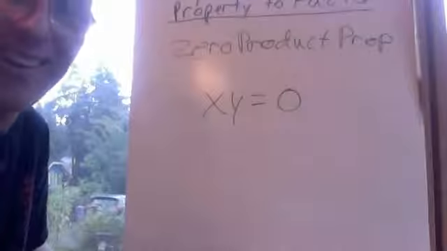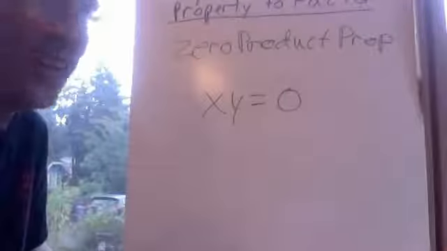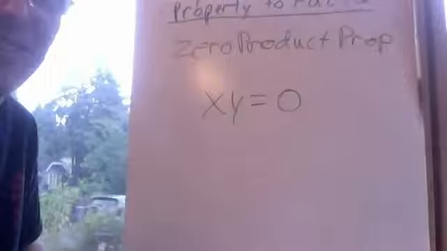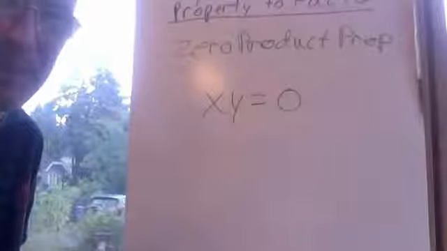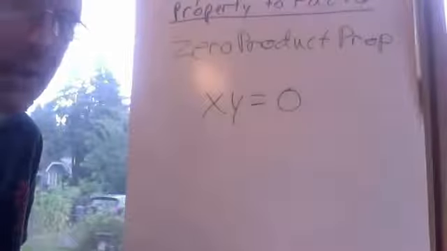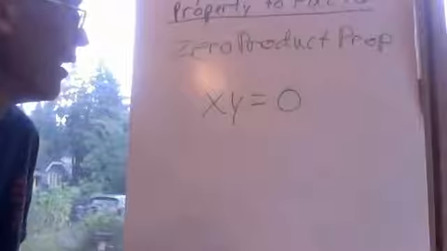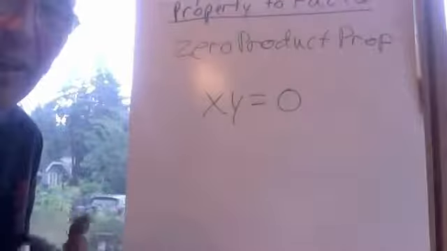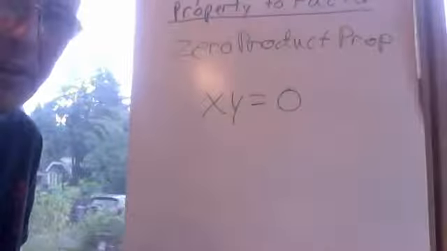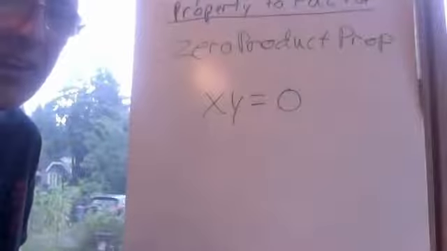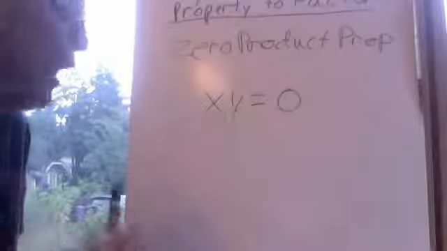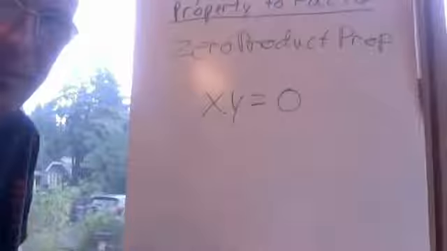Ponder. Let it sink in. Okay, what can you tell me about X or Y? Well, since you're in video land and I'm here, I can't really hear you. I hope what you're saying is that one of the two has to equal 0.